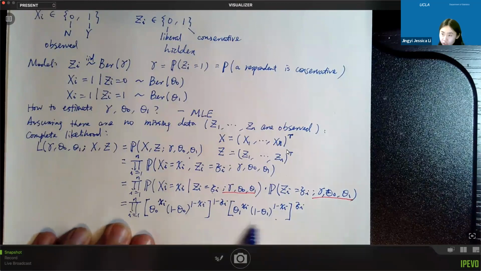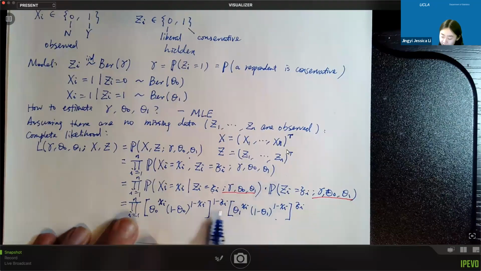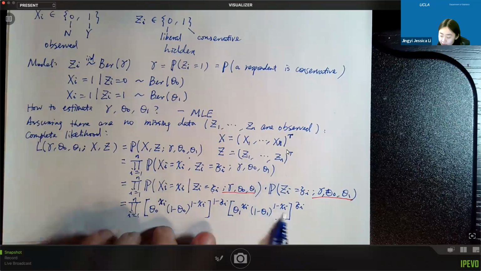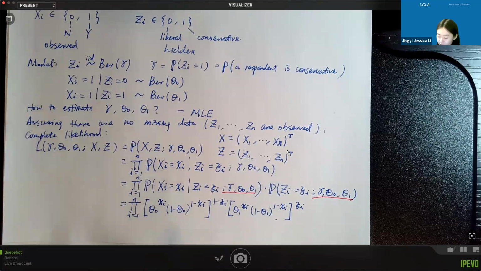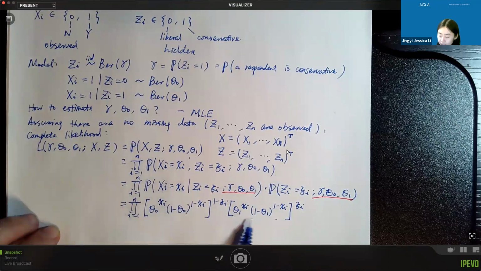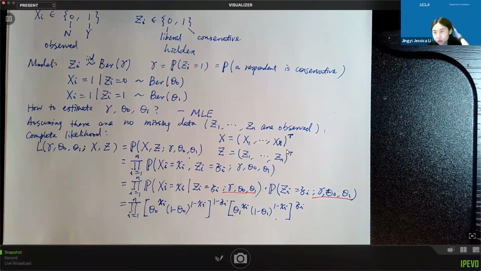The reason I can achieve this is because zi is binary, so I'm either at here or at here. And also, xi is binary, so given zi, I'm either at here or at here. So I will only pick one of the four probabilities depending on my value of xi and my value of zi. This is something we use to write down the probability mass function of a Bernoulli variable, if you are familiar with that.